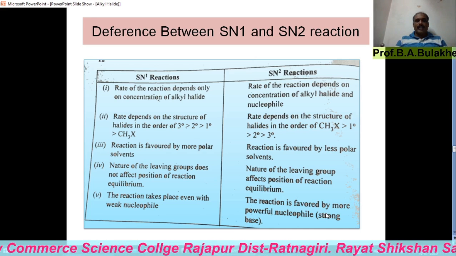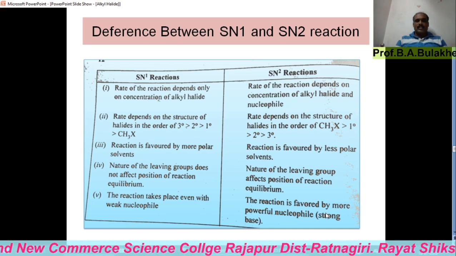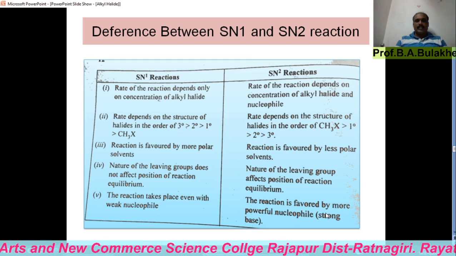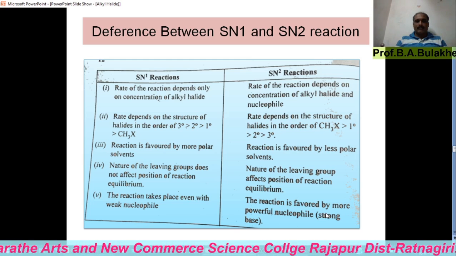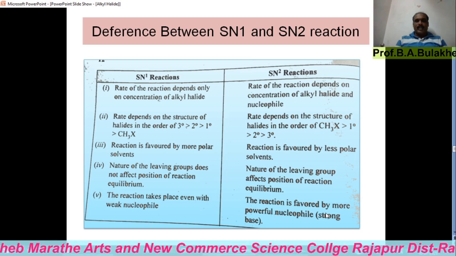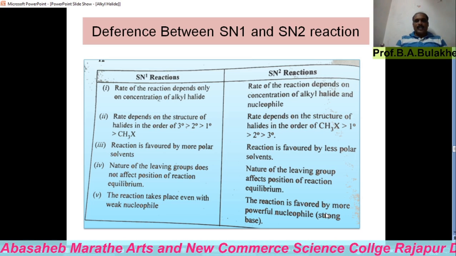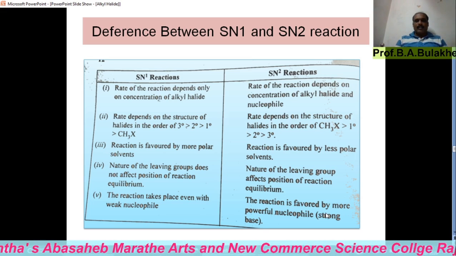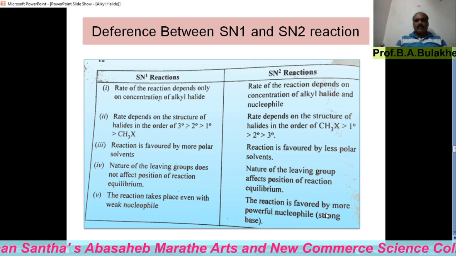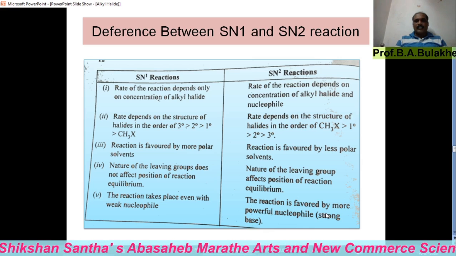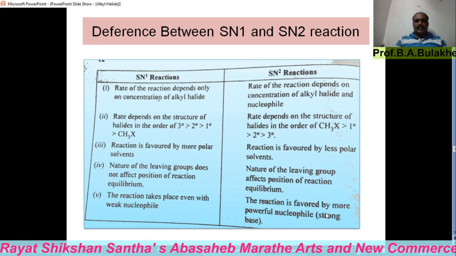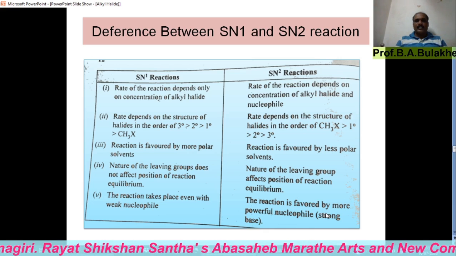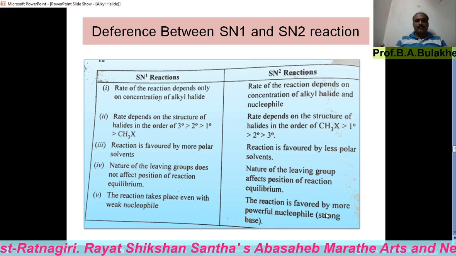Tertiary structures are more stable than secondary, and secondary are more stable than primary. Whereas in SN2 reactions, the rate depends on the structure of halides, like primary is greater than secondary, and secondary is greater than tertiary halides.